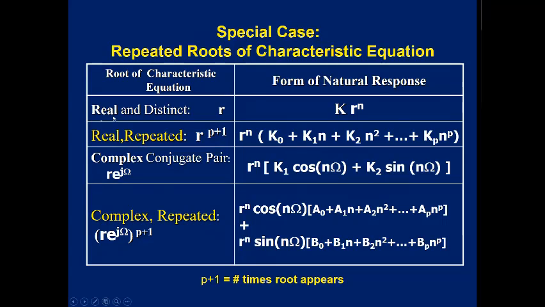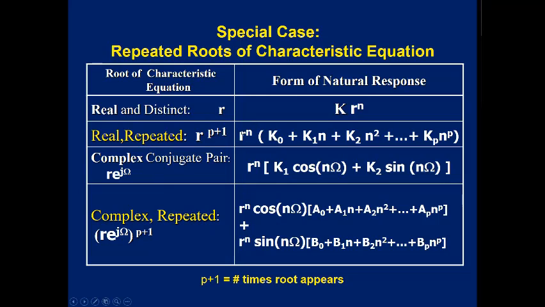So when we had distinct real roots, we were operating up here on the table where this was the form of our roots of our characteristic equation, and this side gave us the form of the natural response. So when we had just plain minus 1/2 to the n, only one of them, we said the natural response must be k times minus 1/2 to the n. If we have 2 of them, though, we have repeated roots, and so we'll have one of them be the same.